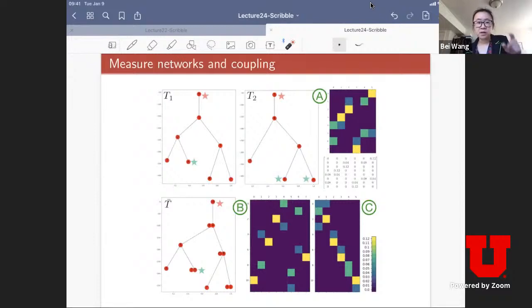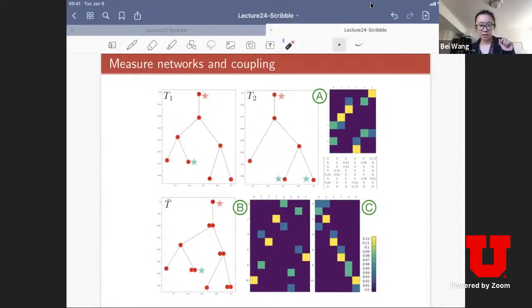Now, instead of coupling T1 and T2 against each other, I'm going to pair each one of them to this average tree and look at the probability matching between them. Because if I can match each one of them to the average tree, now I can use the label from the average tree to represent each input tree. And because they are all matched to the same average tree, I can convert each of those input trees into a vector of the same size, because I'm just going to use the label coming from the average tree.